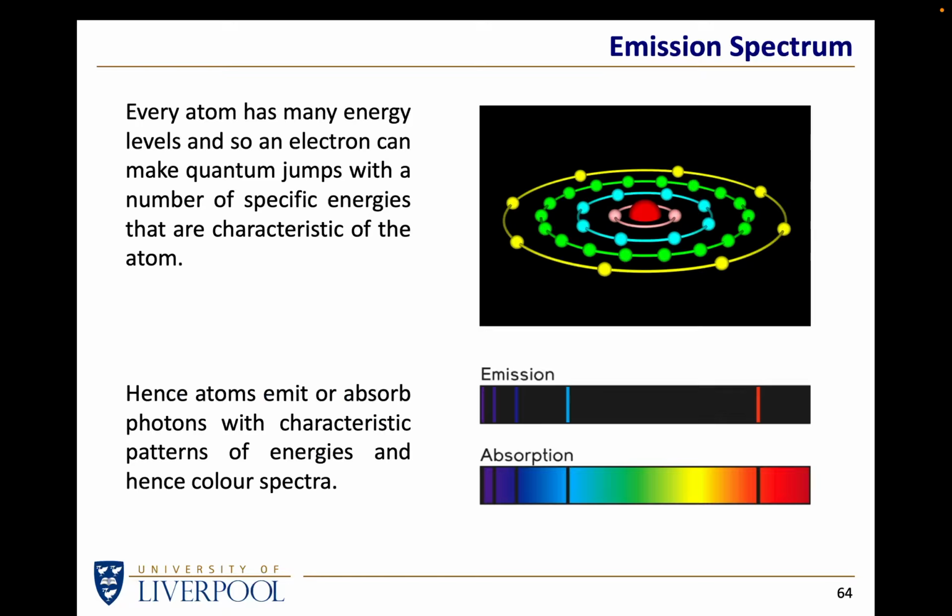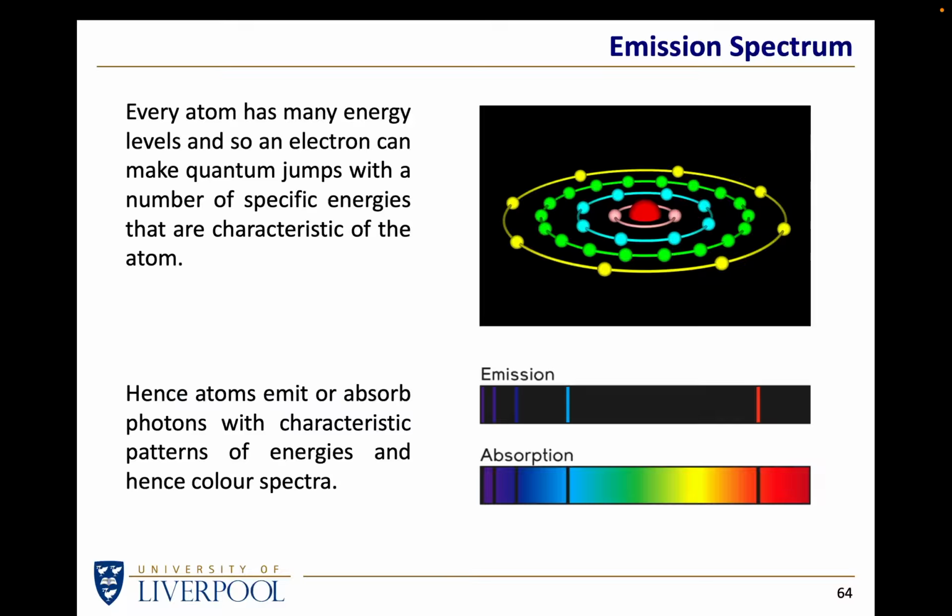We're not going to describe how they're calculated. When we describe this in a physics degree, it takes a few years to understand why particular atoms have particular energy levels. All we have to worry about is the fact that they are there and we can calculate them. So we know that hydrogen produces a very bright line in the red end of the spectrum and another one in the blue end of the spectrum.